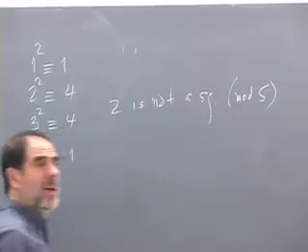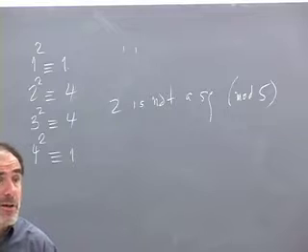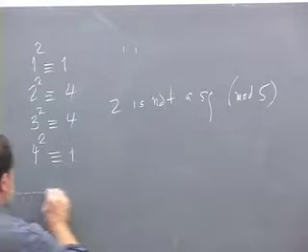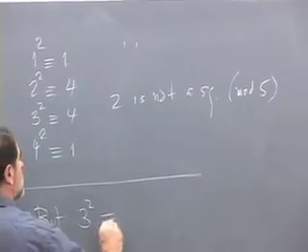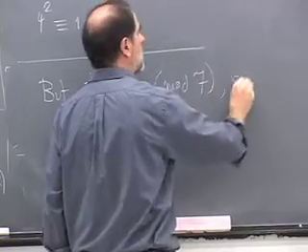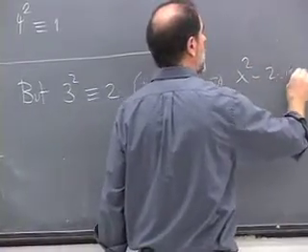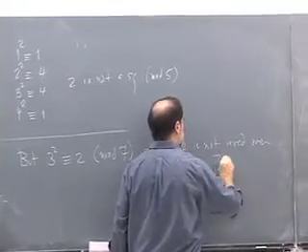That looks good. So maybe the polynomial x squared minus 2 will always work. However, when we go mod 7, we find that 3 squared is congruent to 2 mod 7. So x squared minus 2 is not irreducible over Z mod 7Z.